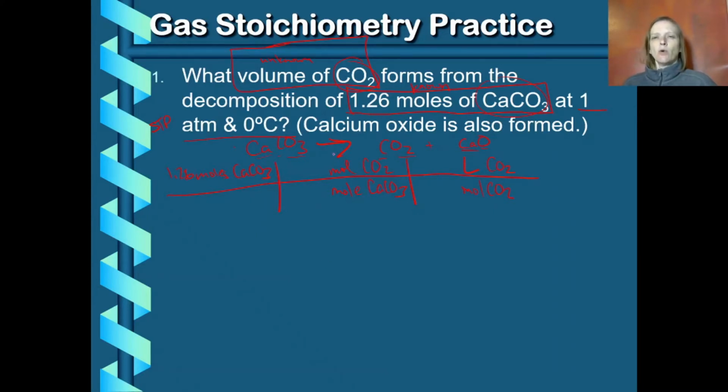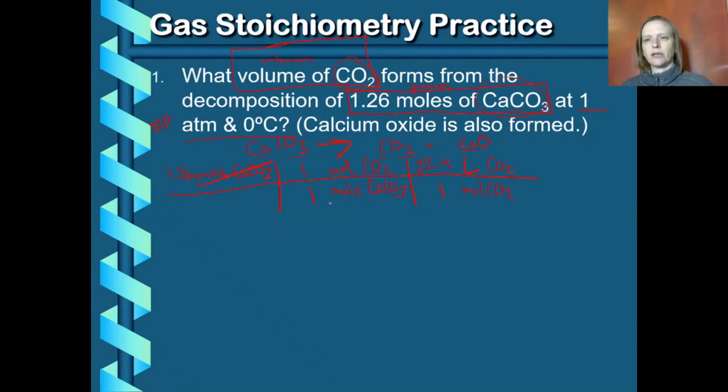So if I think about what units to fill in, I use my mole-mole ratio from the balanced equation. There's 1 mole of calcium carbonate for every 1 mole of carbon dioxide. And then I want to think of the conversion factor that lets me convert from moles to liters of a gas, which is 22.4 liters per mole. Before I do the math, I should check my units.